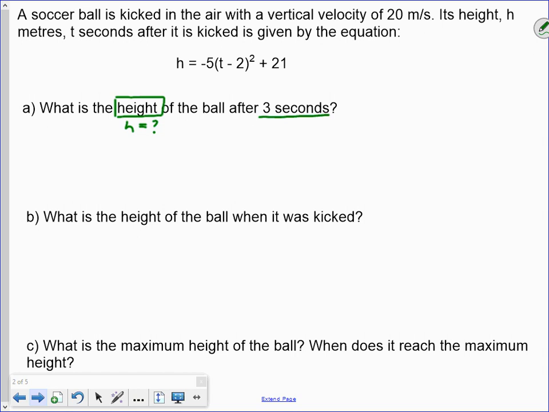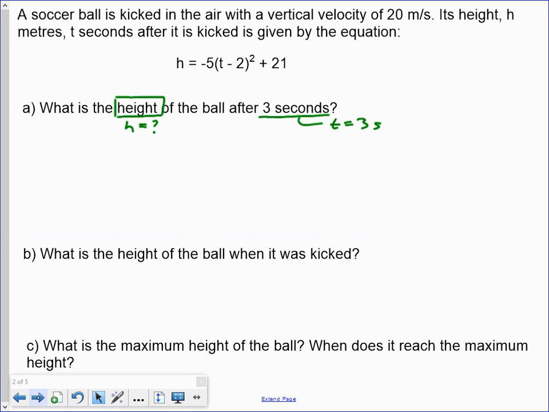This is going to be a value of time. t equals 3 seconds. So in this equation, h equals -5(t minus 2) squared plus 21, they are telling us what t is, and they want us to find h. So to answer this, all we have to do is sub that value of t into the equation for t and evaluate for h.